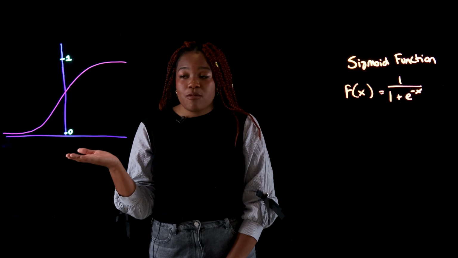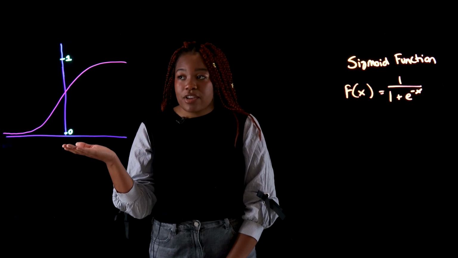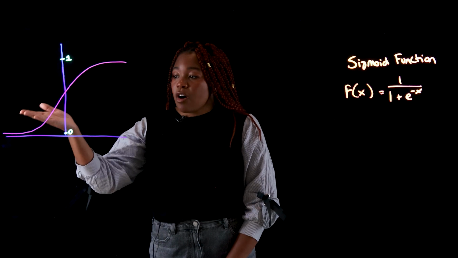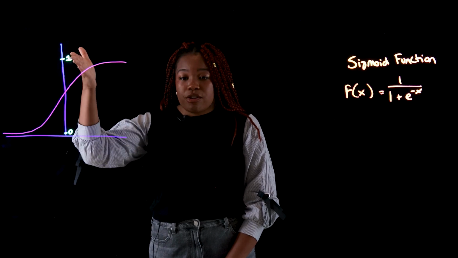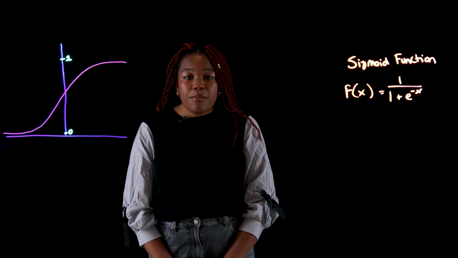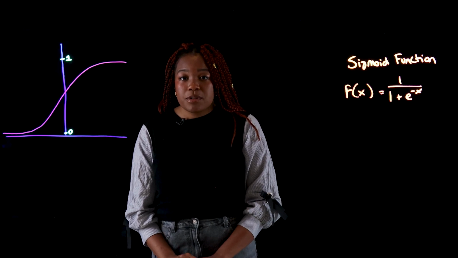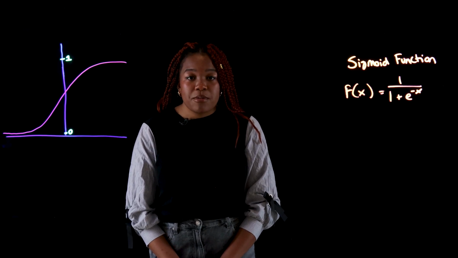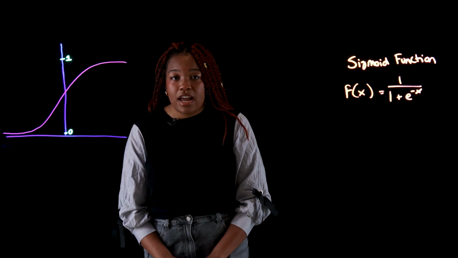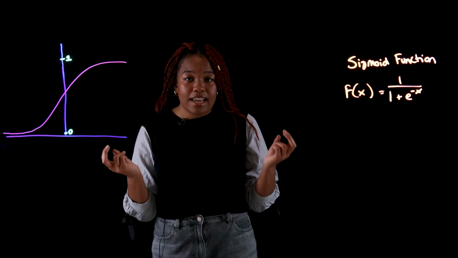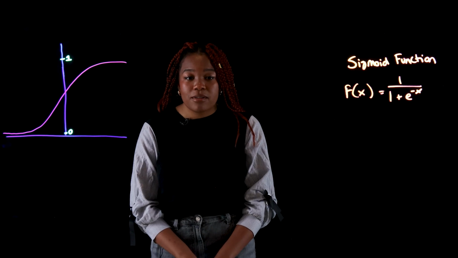This is a graph of what the sigmoid function typically looks like. As you can see here, it's an S-shaped curve where all of the y values are in between 0 and 1. As the model evaluates each data entry, the outputs will be a number between 0 and 1, which represent the probability that each data entry is in the first category, which is the cat category, or the 1 category.